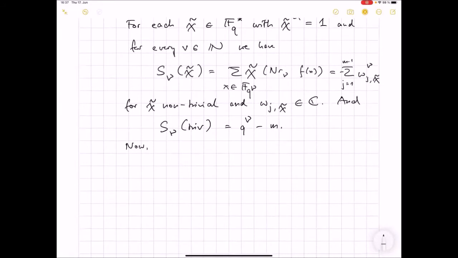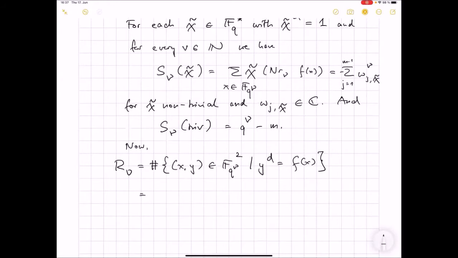So now we compute in 2 ways the following quantity, the number of all (x, y) in F_{q^ν} squared, such that y^d equals f of x. Let's call this R_ν.